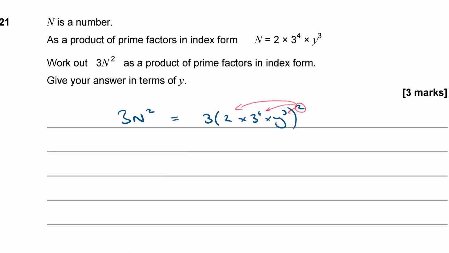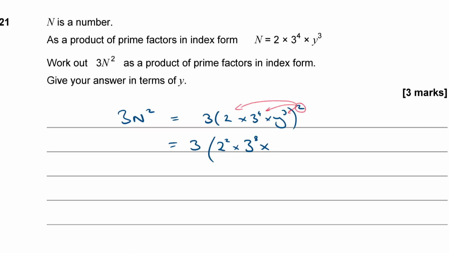I'm going to square 2, I'm going to square 3 to the 4, and I'm going to square y cubed. So that's going to give me 3 lots of 2 squared, because we're going to leave it in index form, times 3 to the 4 squared. When you have an index of an index, you multiply the indices together. So that's going to give me 3 to the 8. And then times y cubed all squared.